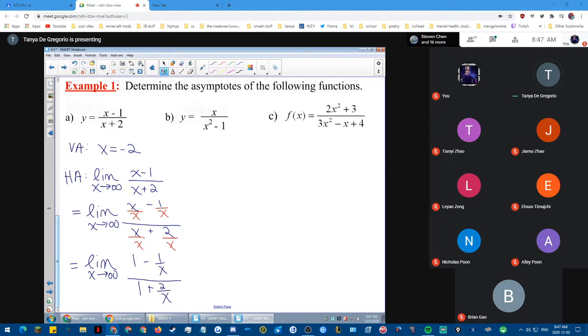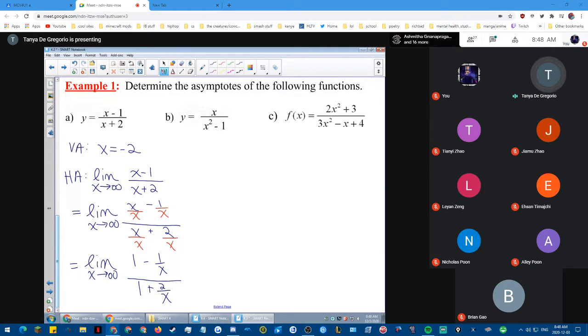Now, if I do 1 divided by a million, what number am I going to get? Or even 1 divided by 1,000. 1 divided by a huge number. What are you going to get? Very close to 0. Good. You're going to get a number that's very close to 0.